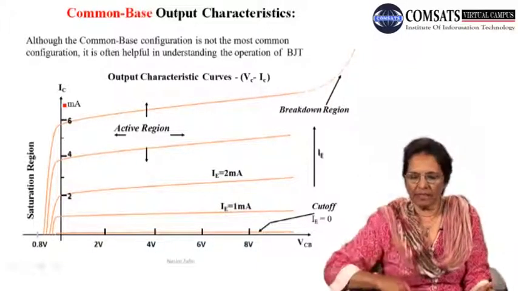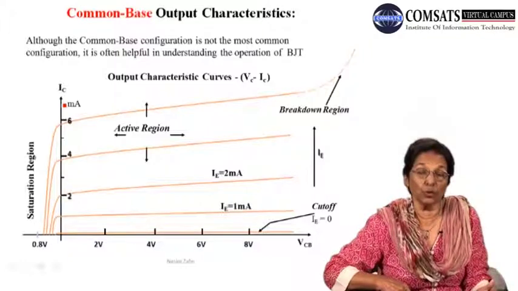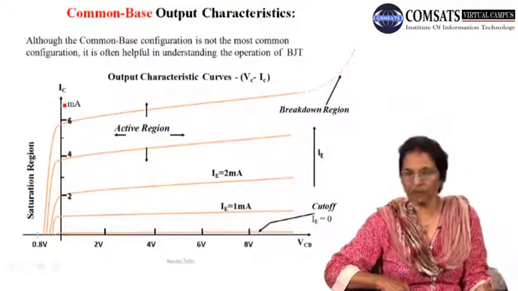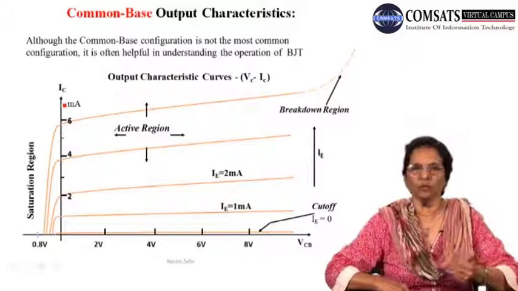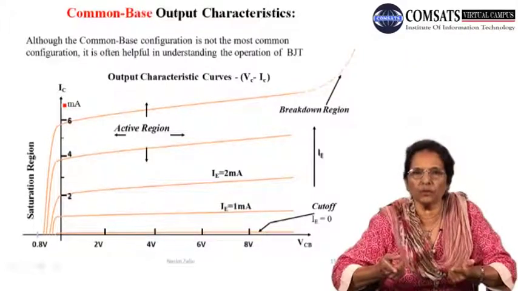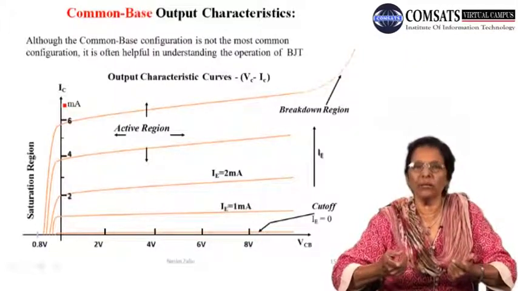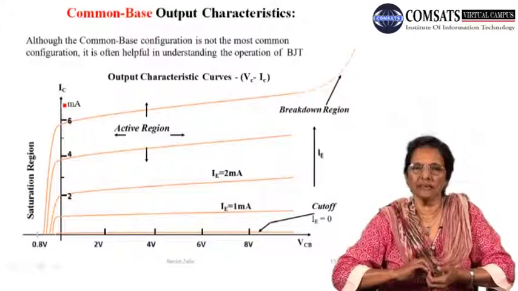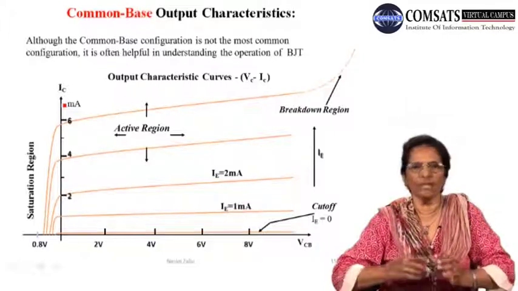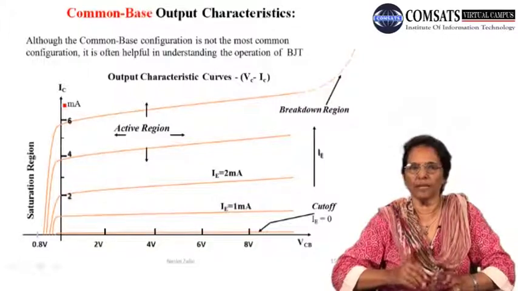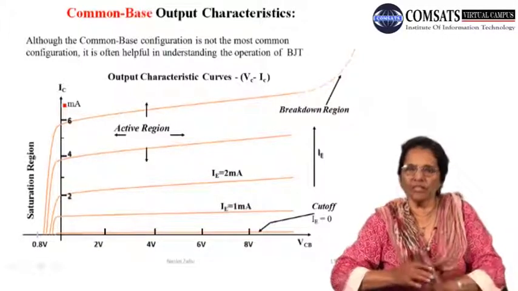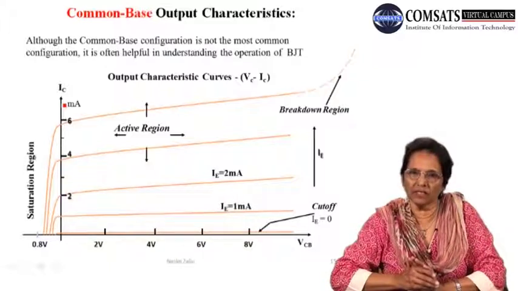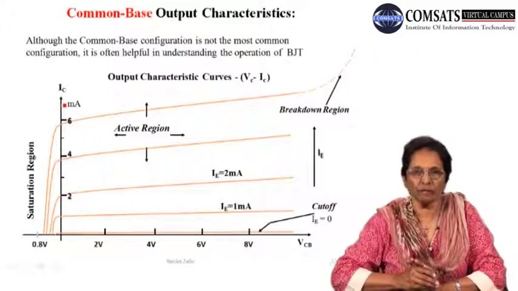And there is another feature that you see in this slide. So from my point of view, or from the point of view of today's lecture, where we are discussing the current voltage characteristics for a given transistor, whether it is PNP or NPN, there are three important things that we have to understand and analyze today.